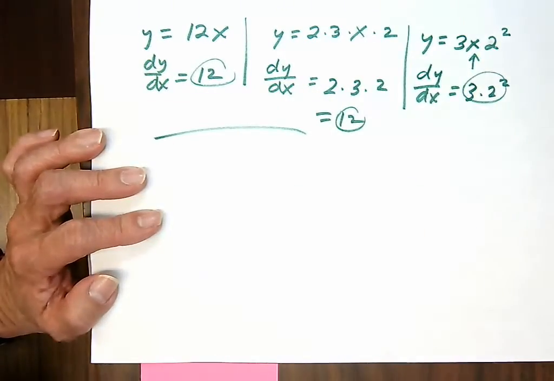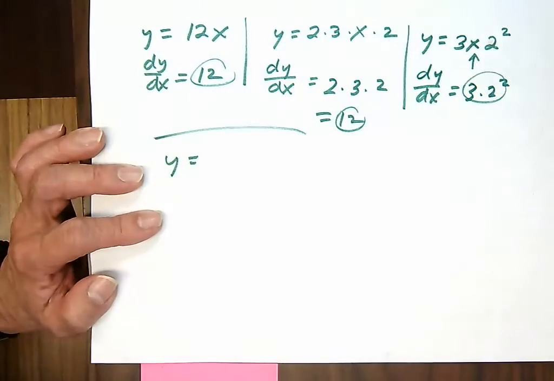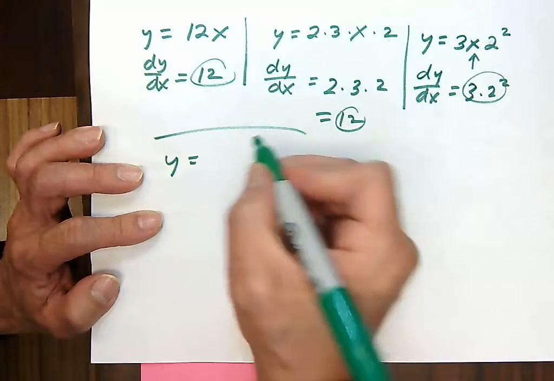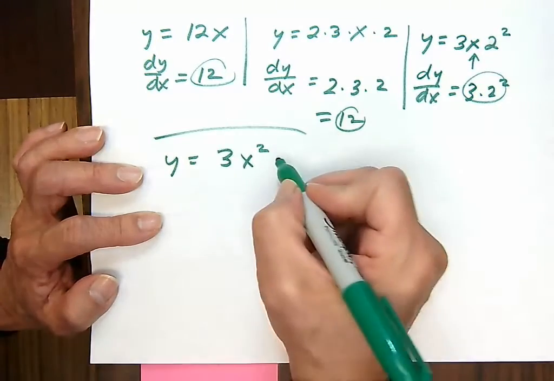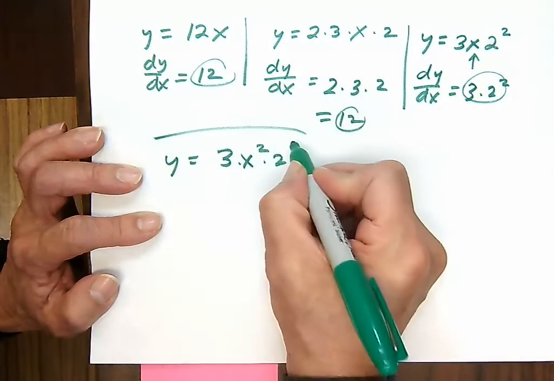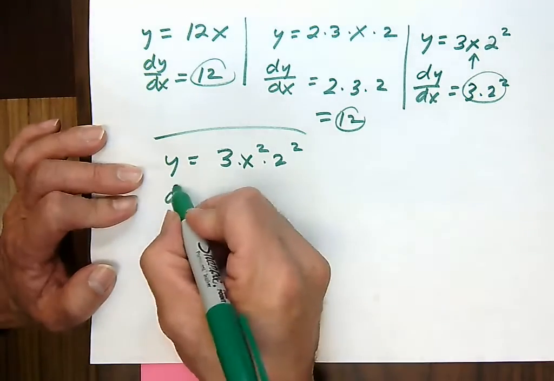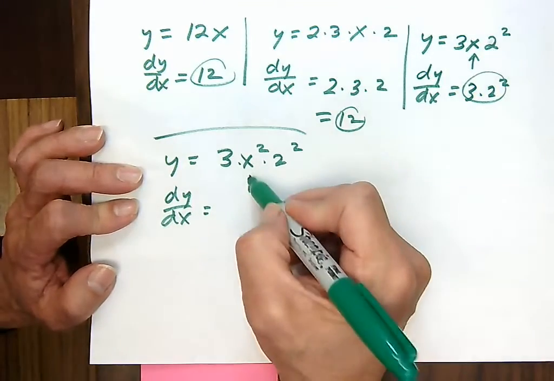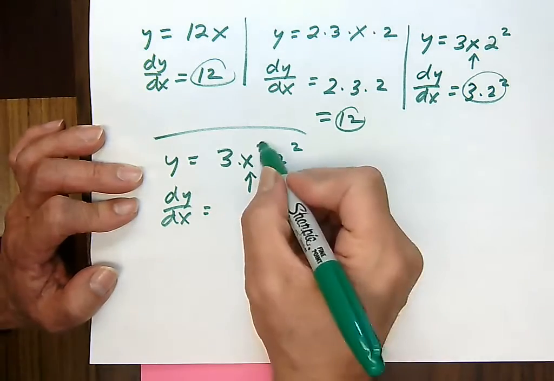Now let's try one more case. Suppose we said that y is a function of x, and let's say this time it's equal to 3x squared times 2 squared. And you were asked to find the derivative of y with respect to x. How would you do that? Well, again, I would just focus on this x squared right here, and then use the power function rule.